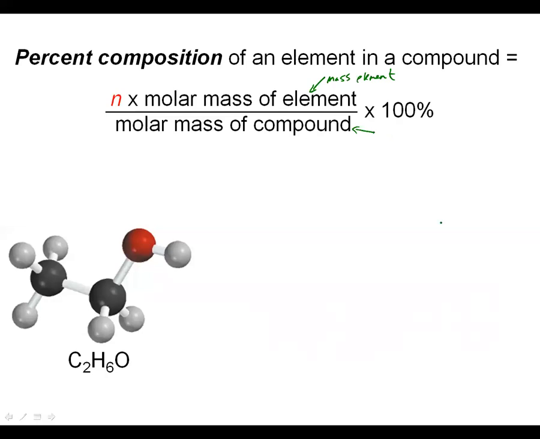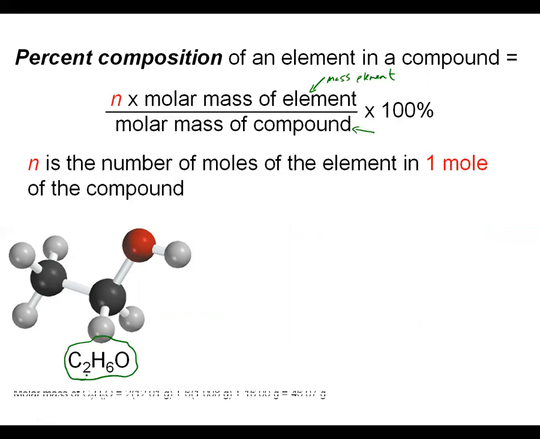So if we look at the example that we got here, which is our C2H6O down in this spot down here, and if we wanted to calculate the percent composition of each of those, we basically would first want to calculate the molar mass, which I think is actually what we just did on the other page, grams per mole. And what we're going to do is basically take the grams of each of those elements in that particular formula.